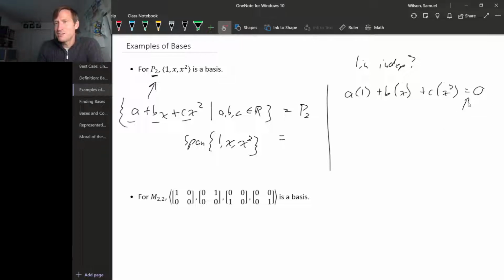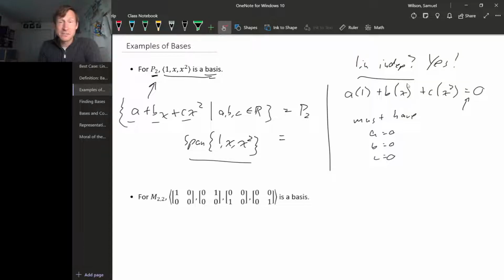Well, no. For these two polynomials, the one on the left and the zero polynomial on the right, to be equal, we must have a = 0, b = 0, c = 0. That means the only linear dependence relationship among 1, x, and x² is the trivial one, and so these are linearly independent. That demonstrates that this really is a basis, because it spans P2 and it's also linearly independent.